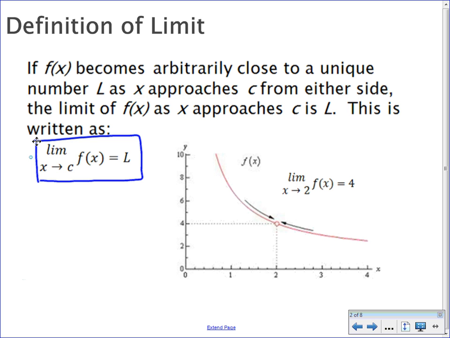We're basically looking at the height. Now, do we have a value at x equals 2? No, it's a hole. We don't have a value there. But we can evaluate the limit.